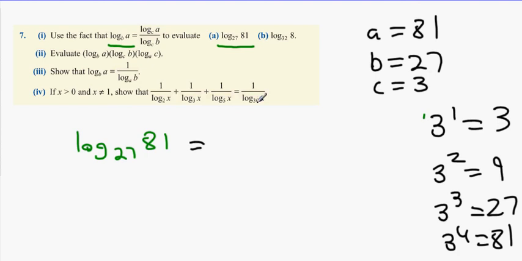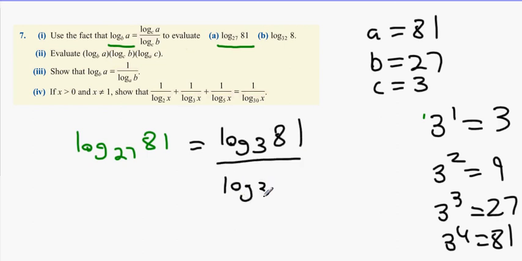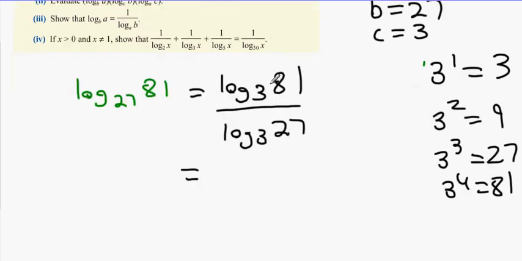Let's use the rule rigidly. Log base 3 of 81 over log base 3 of 27. What power is needed to make 81? 4. What power is needed to make 27? 3. The answer is 4 over 3.